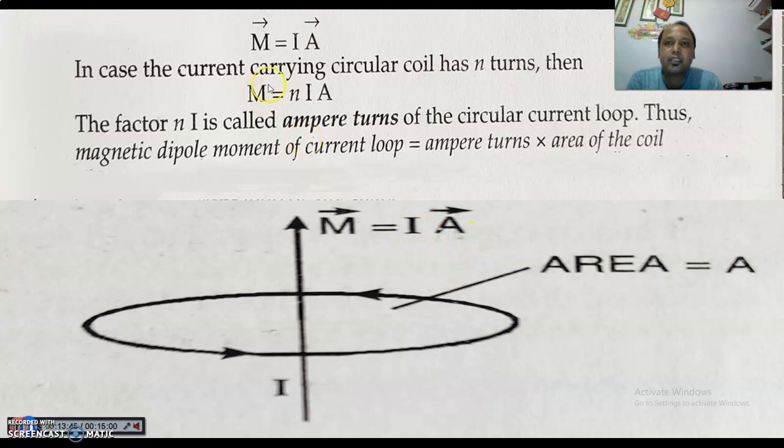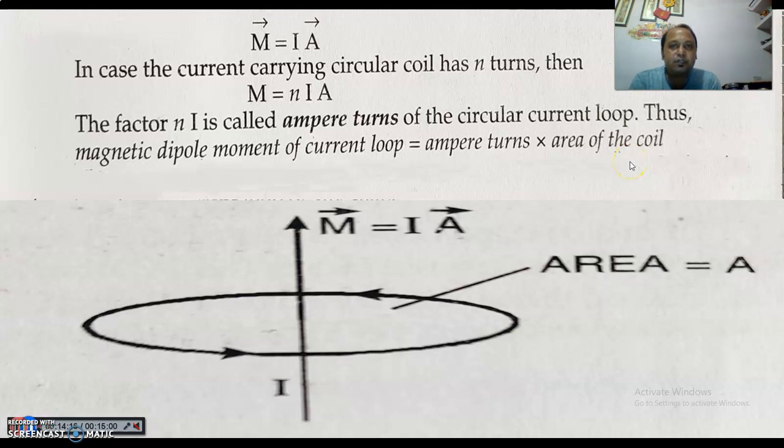Suppose there are N number of turns in the coil. In that case, the dipole moment will be given by NIA, where NI is known as ampere turns. That means the magnetic dipole moment of a current loop having N turns is the ampere turns, NI, into the area of the coil.